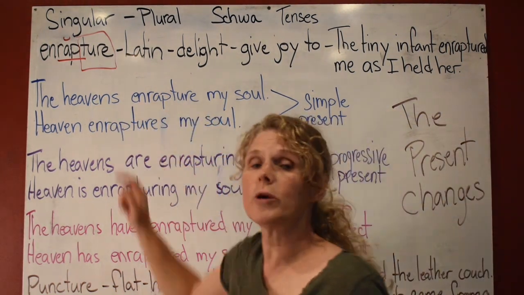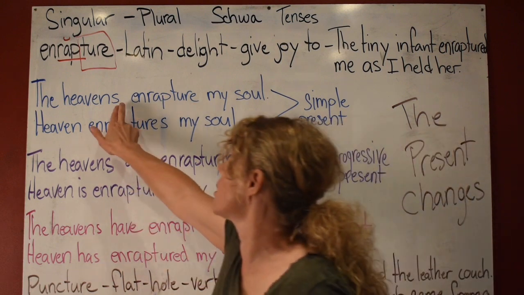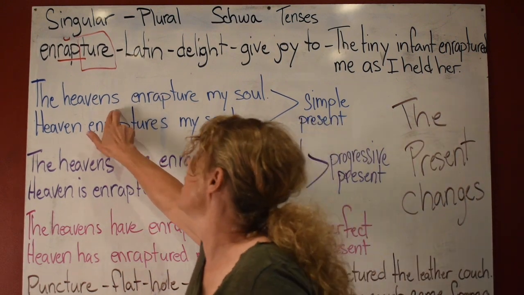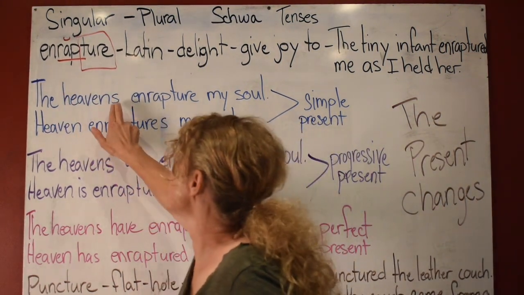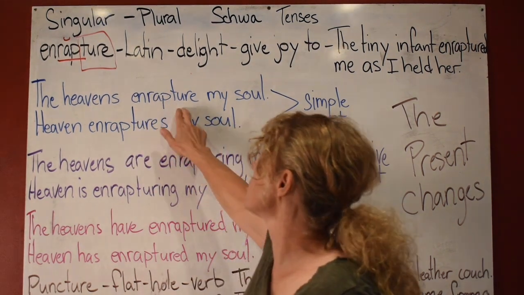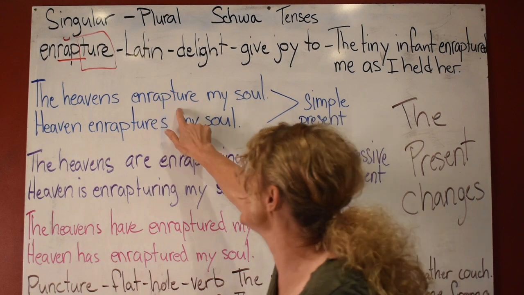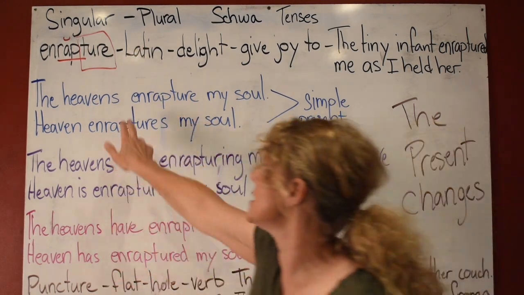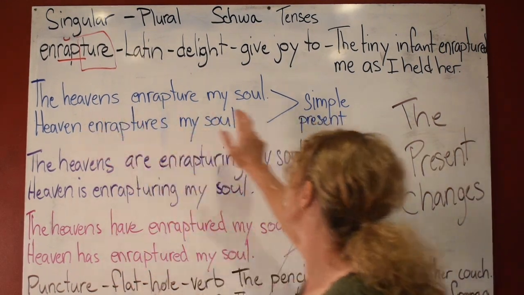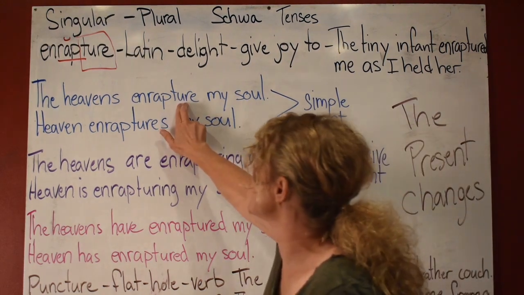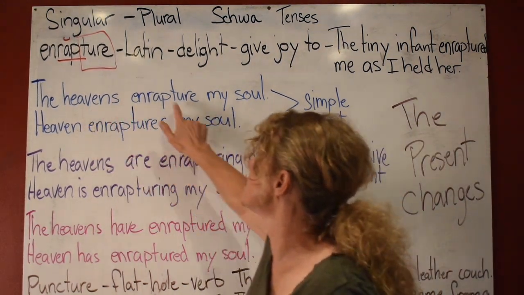So this is plural. We know that this is plural because our noun is plural, so that means this has to be plural. This doesn't look plural because we don't have our S on it, but it is plural because this is sitting in third person, simple present.